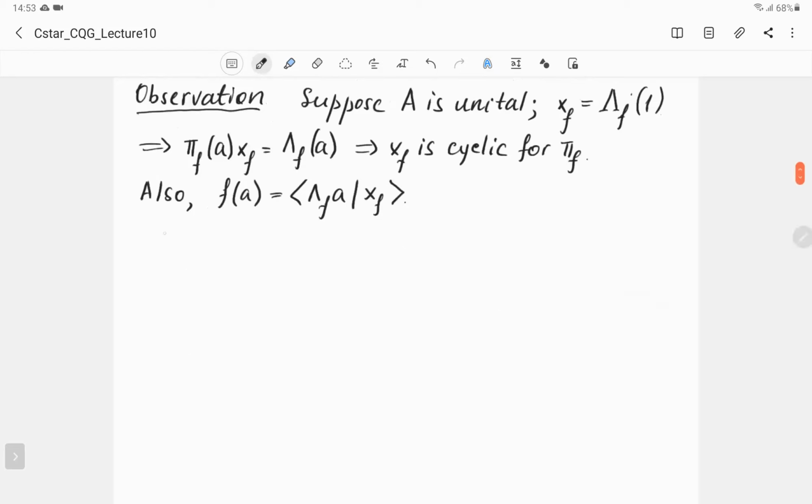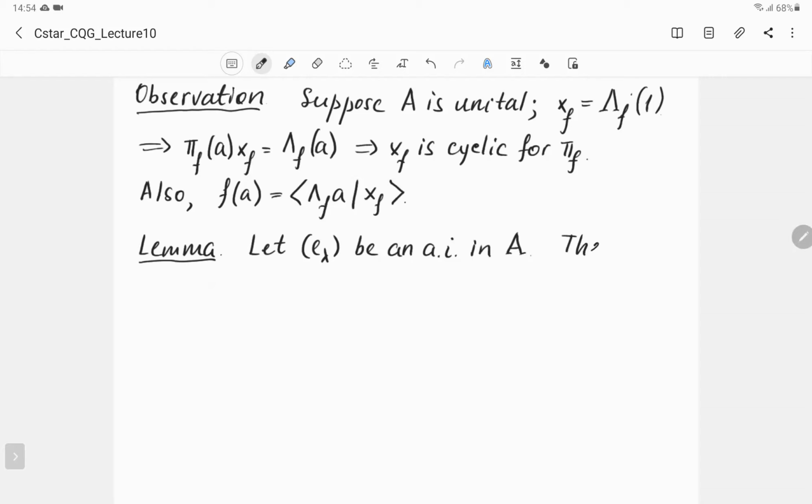So let's start with the following lemma. Let's take an approximate identity in our C-star algebra A. Let e lambda be an approximate identity in A. So as usual, we follow our standard convention that an approximate identity is positive, is bounded by 1, and is monotone.